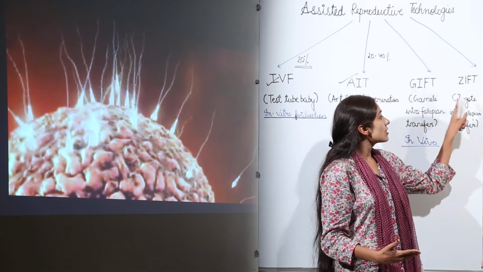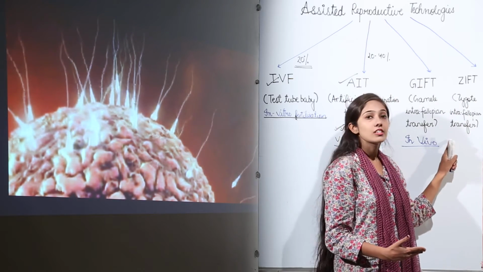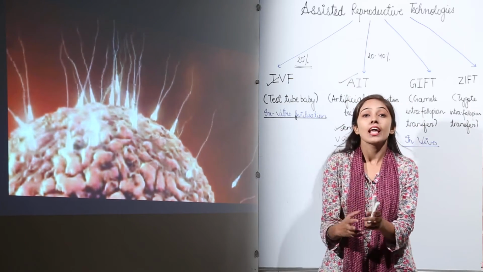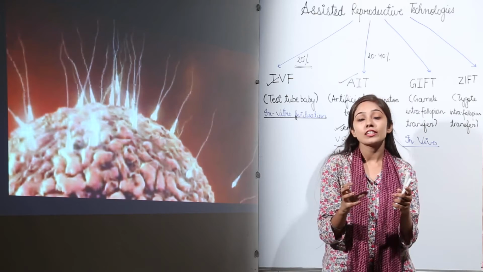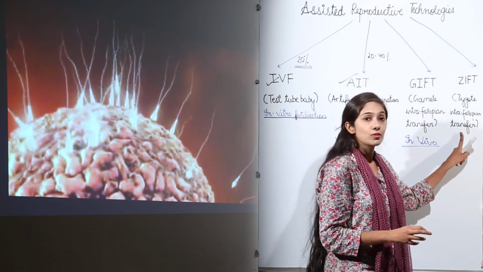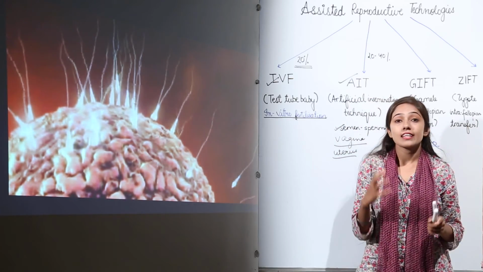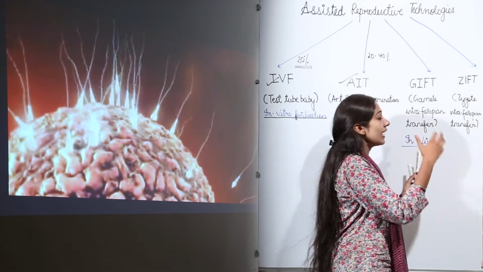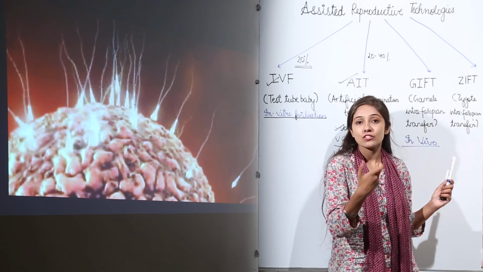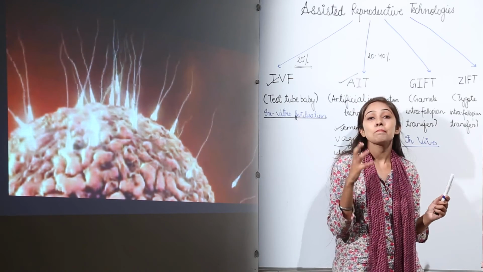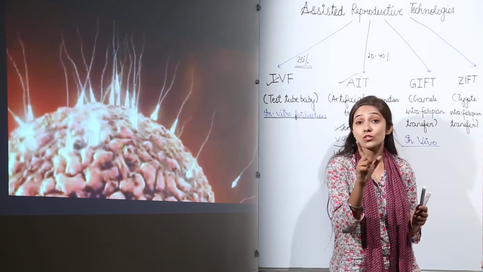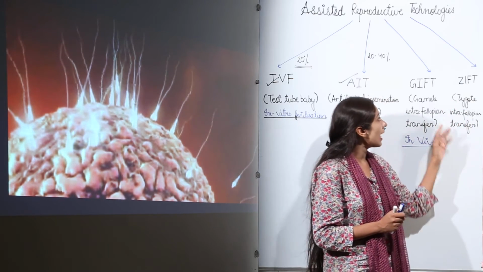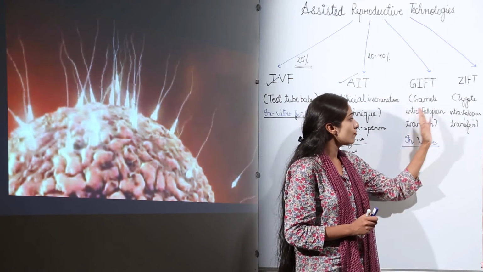And if the zygote divides to more than the 8 blastomere stage, after that it is implanted into the uterus, not into the fallopian tubes. So this is zygote intrafallopian transfer, and GIFT is gamete intrafallopian transfer.